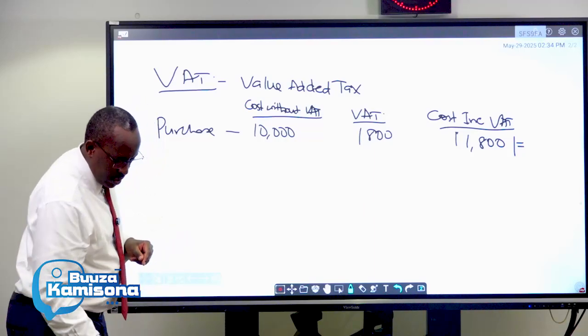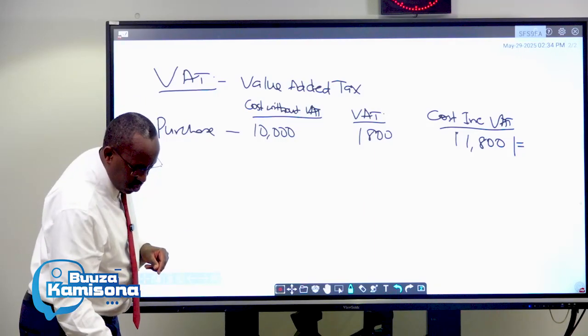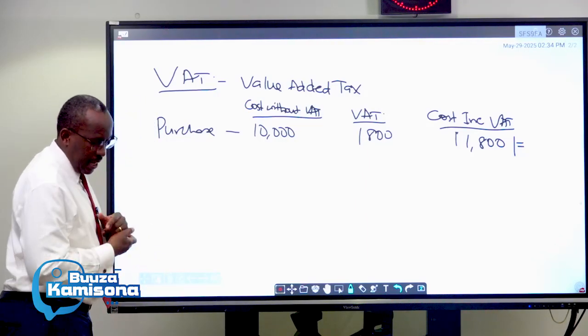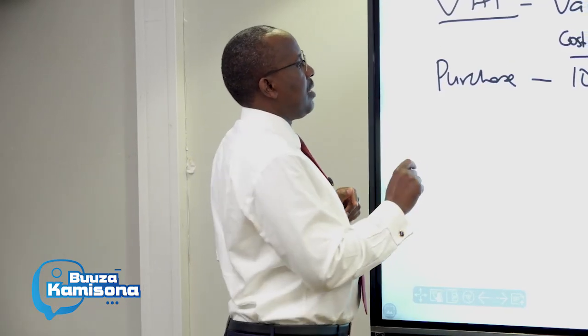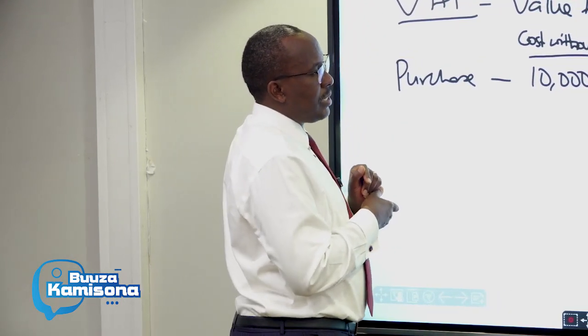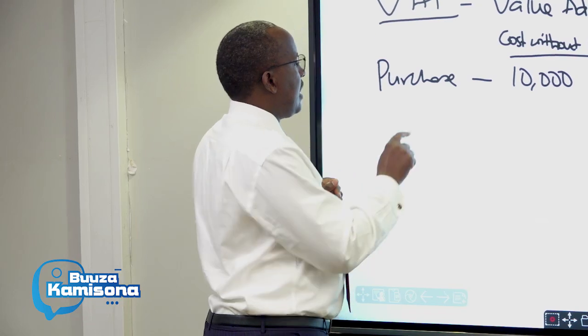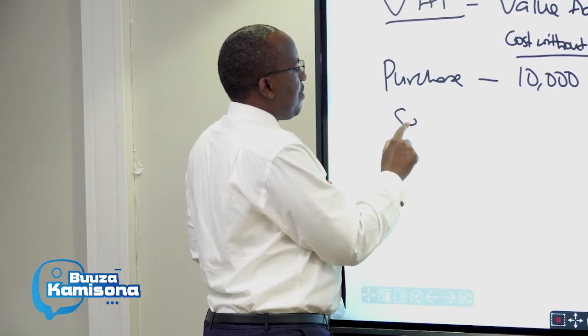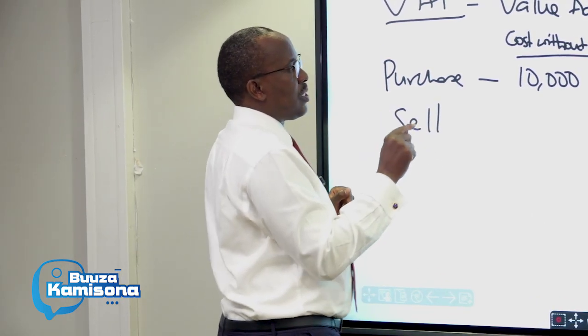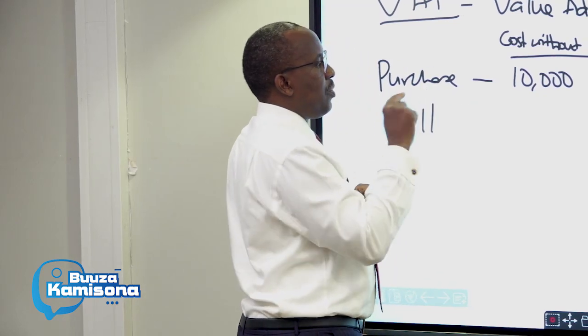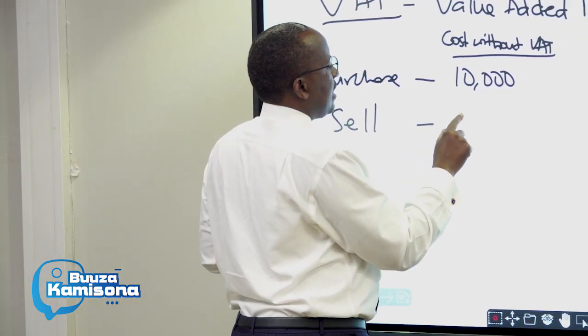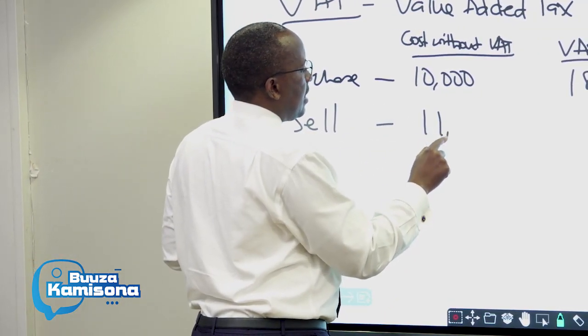Now, if you compute your cost of sale and purchase, and you establish that for you to sell this item, make some profit and pay the taxes, your cost of sale before you add VAT is, let's say, 11,000.